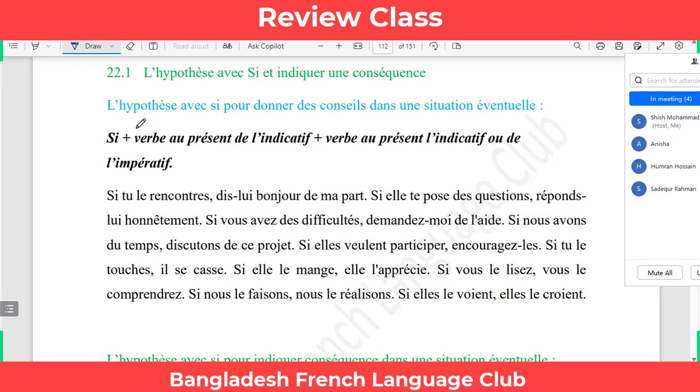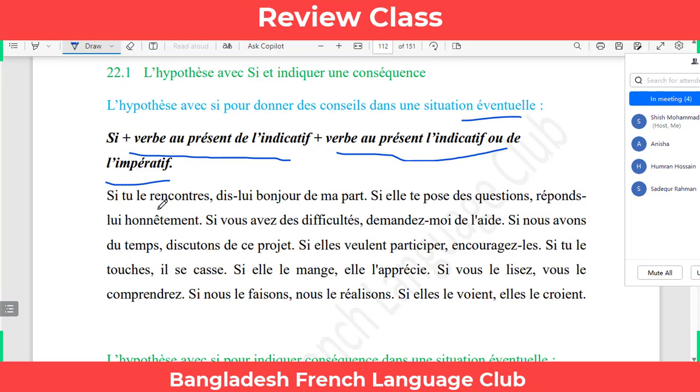The rule is: hypothèse avec si pour donner des conseils dans une situation éventuelle. Si plus verbe au présent de l'indicatif, so after si we have the present tense, then verbe au présent de l'indicatif ou de l'impératif. So the next verb might be in the present tense or imperative.